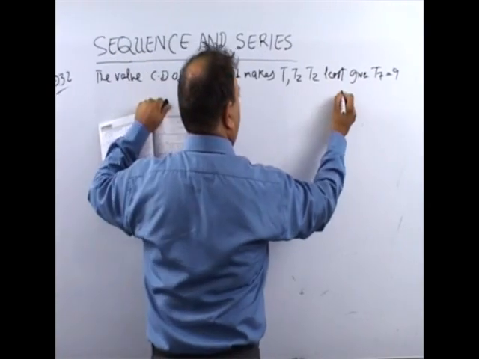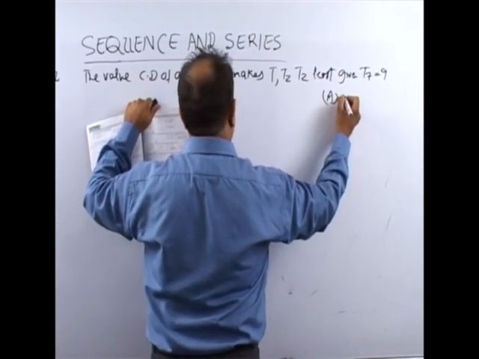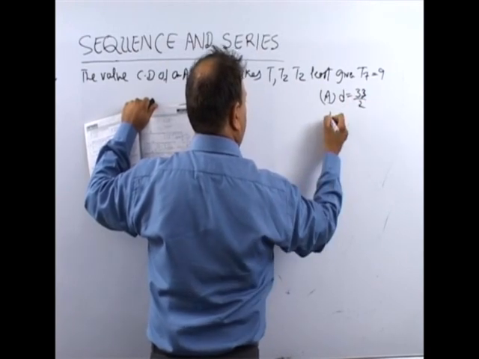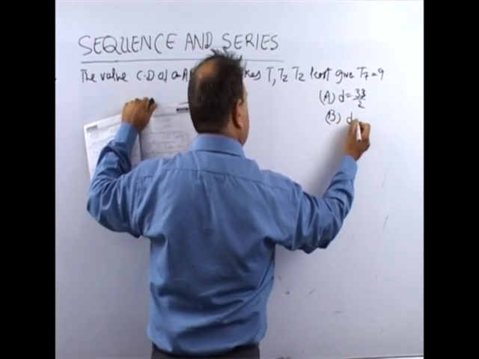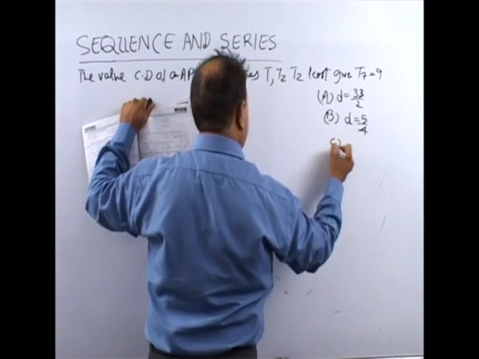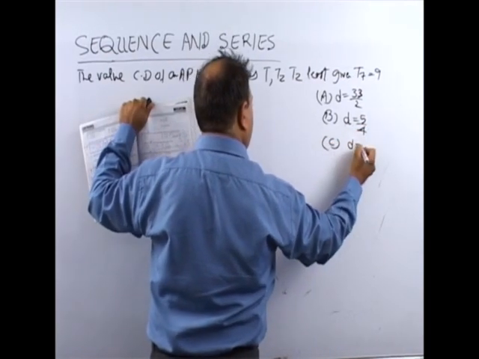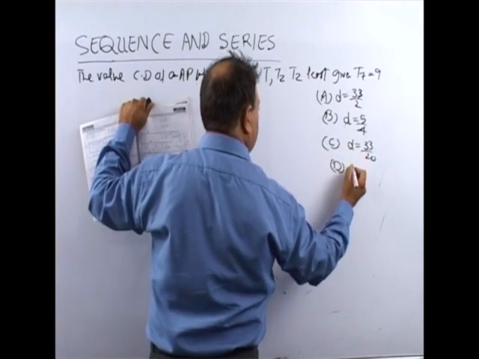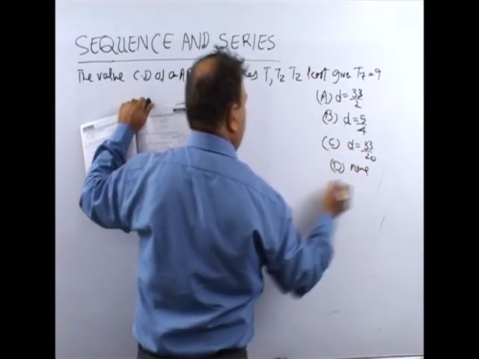The options: A is 33/2. B is 5/4. C is 33/20, and D is none of these.